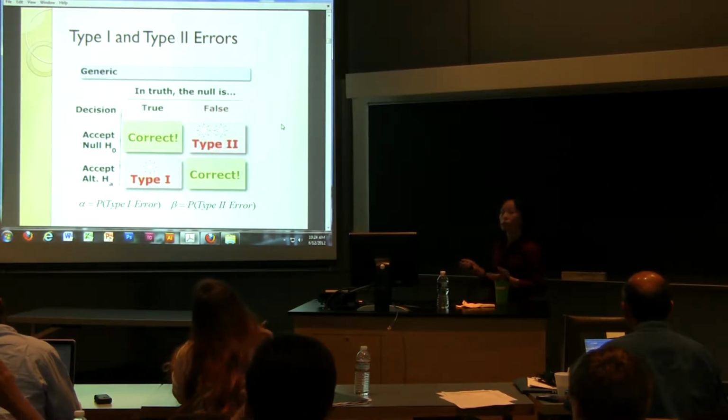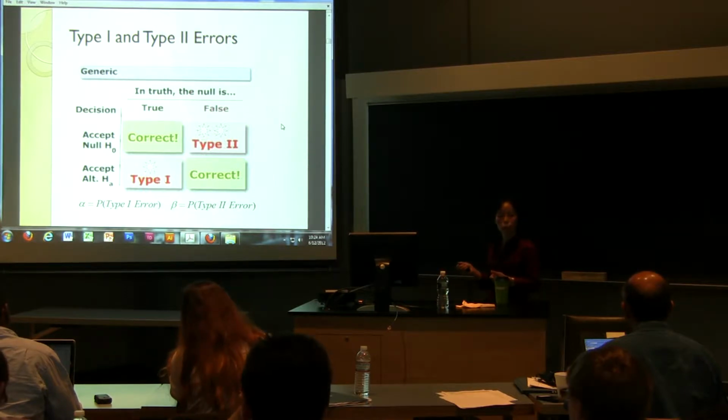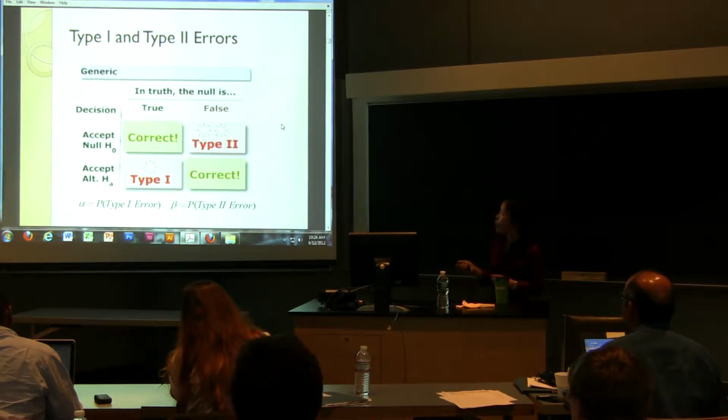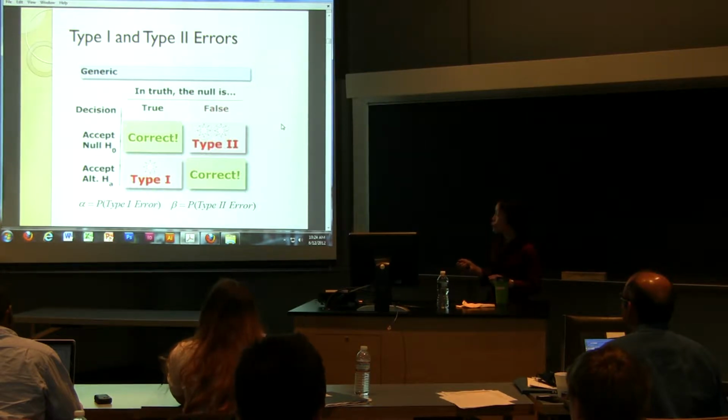Before we do an experiment and a hypothesis test, we need to tell two things apart. One is about the truth, another is the decision. These two are different. In truth, because we need to understand what the type 1 error and the type 2 error are, we need to tell them apart.